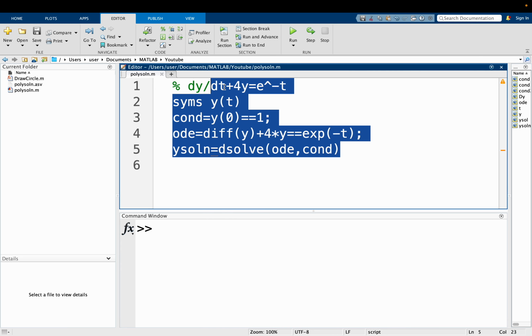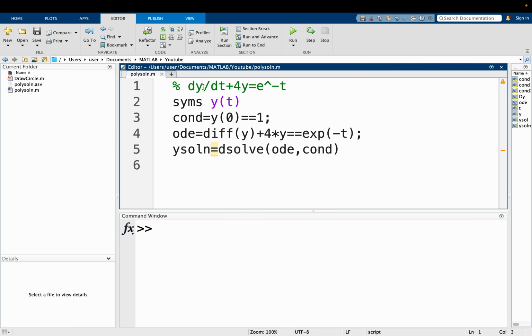And the second example we are going to look at is d squared y over dt squared is equal to cos 2t minus y.